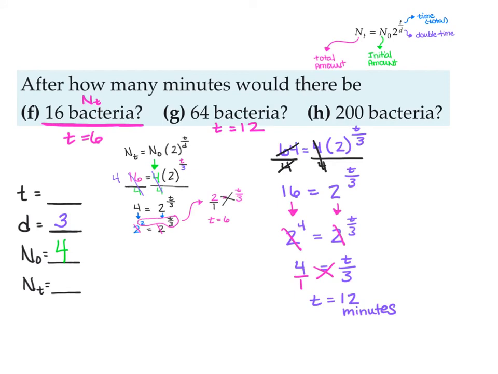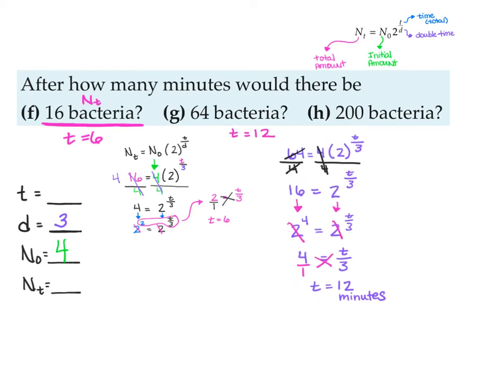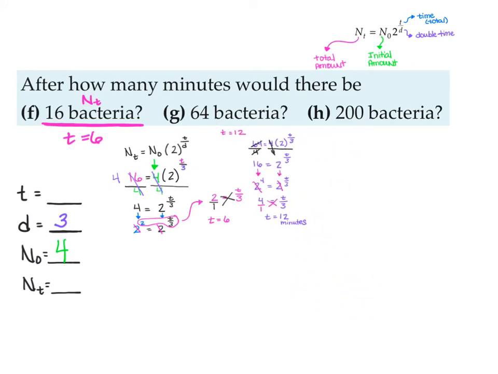All right, so that was G, and we're going to make this a little bit smaller and move it out of the way so I have room to do the next one, and we'll focus on H for the 200 bacteria. So we're going to do the exact same thing again. We're going to set everything up. I'm going to do a different color so it stands out.